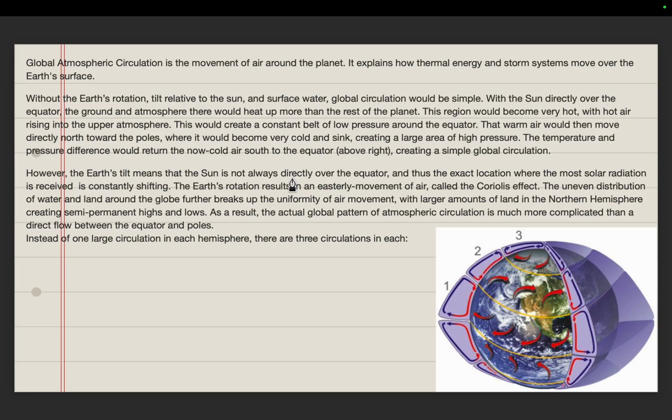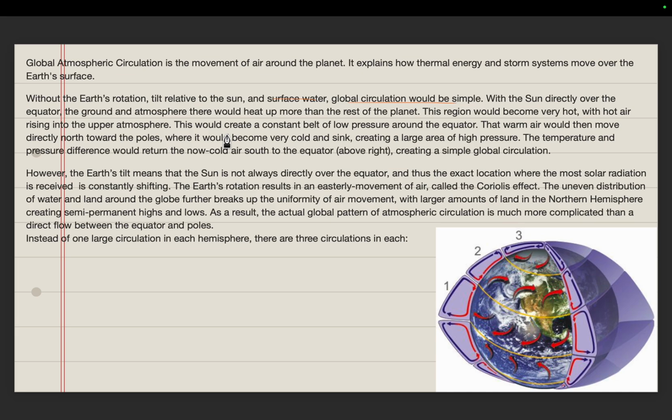Without Earth's rotation or its tilt relative to the Sun at 23.5 degrees, or the surface water, global circulation would be simple. With the Sun directly at the equator, the ground and atmosphere there would heat up more than the rest of the planet. This region would become very hot with hot air rising into the upper atmosphere. This would create a constant belt of low pressure around the equator.